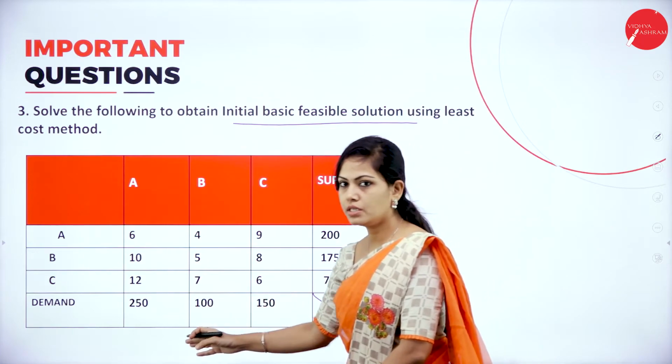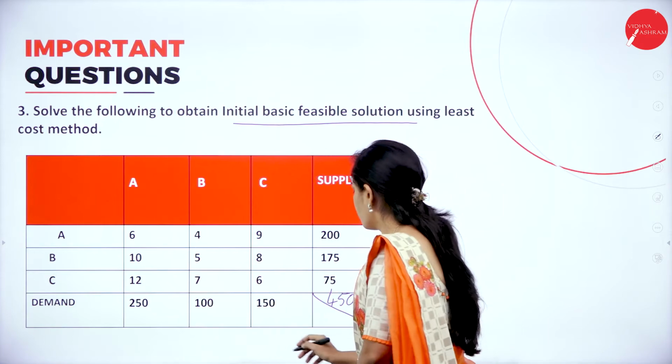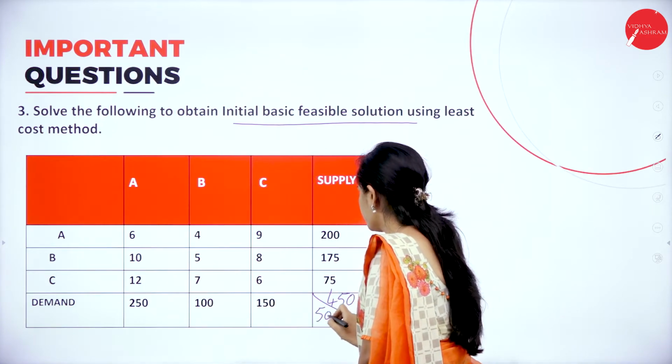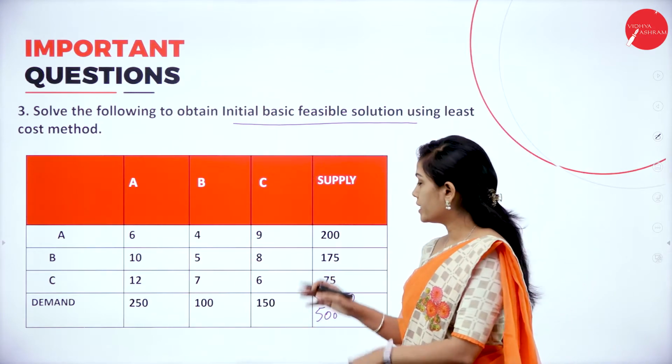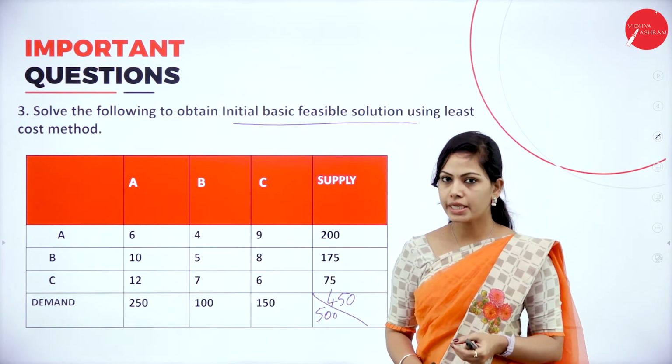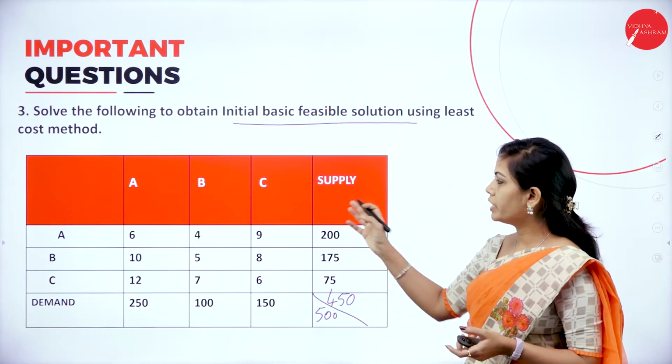And add all the demand values 250 and 100, 350 plus 150 is 500. Is this a balanced problem? No, it is not a balanced problem. It is an unbalanced problem. Make it balanced by adding a dummy row or dummy column according to the requirement.